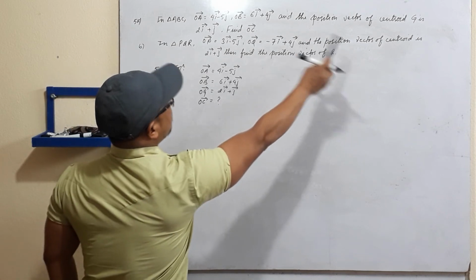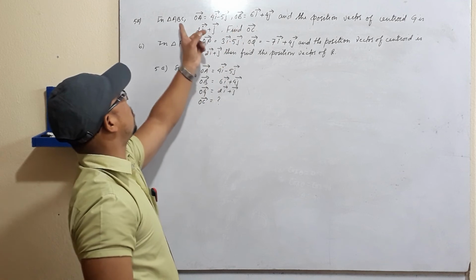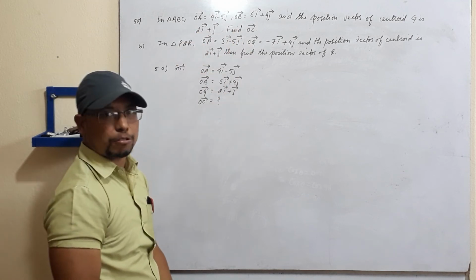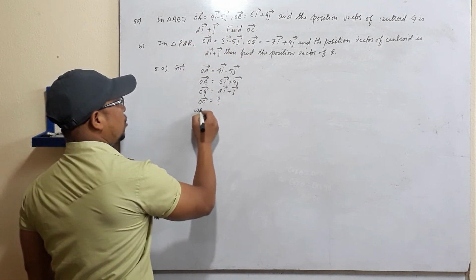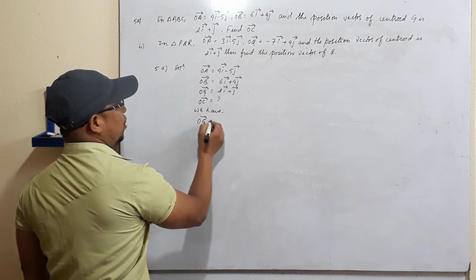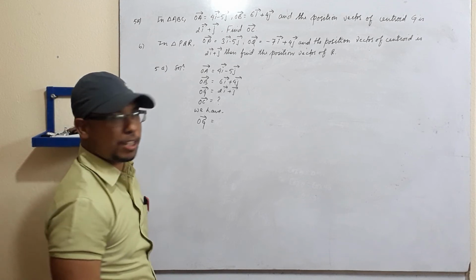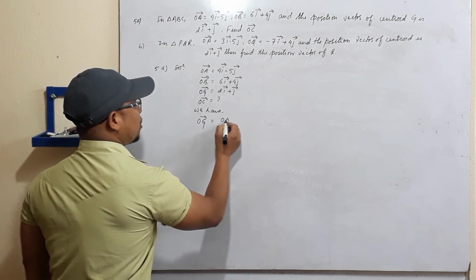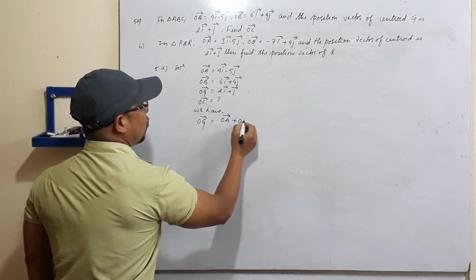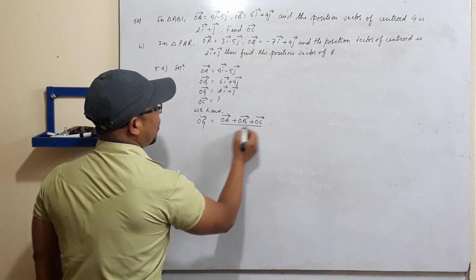This is the position vector of the centroid, and you are asked to find the position vector of C, that is OC vector equals what? So we know the centroid formula is simple: OG vector equals A vector plus B vector plus C vector divided by 3. So A vector means OA vector, B vector means OB vector, and C vector means OC vector, whole divided by 3.